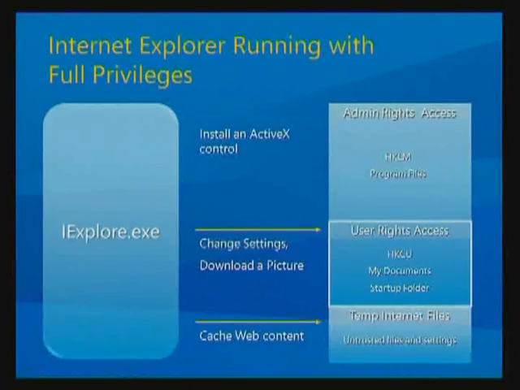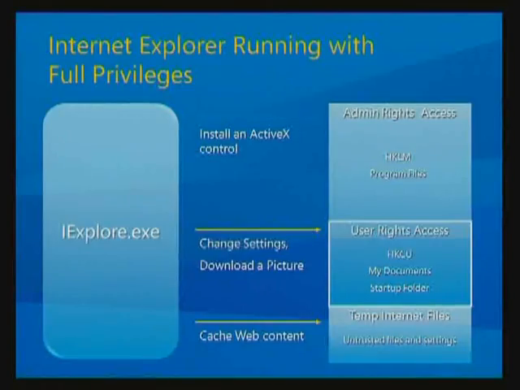The other thing we needed to do was install controls. Installing controls required administrative access. It still does. We have some solutions around that in Vista that I can talk about. But this is the way that Internet Explorer worked in IE6 to write to the system. You had full access, you could do it. If you've ever tried to run IE as a standard user, some problems come in.